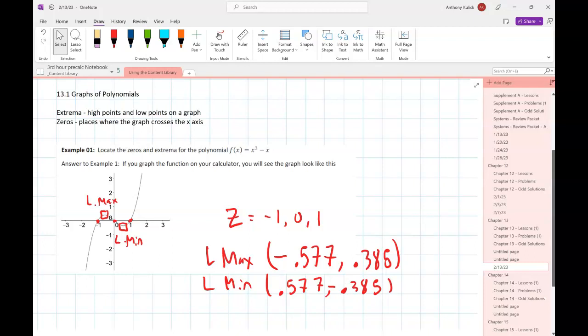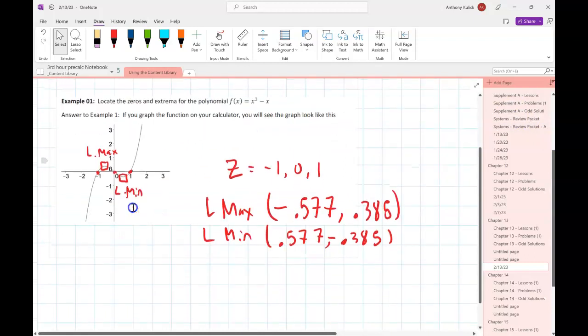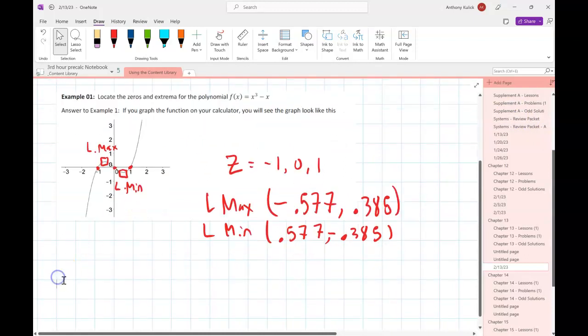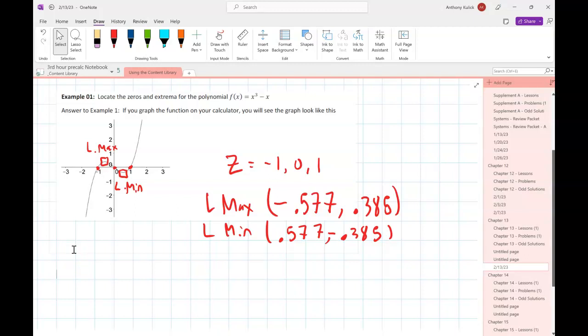Okay, so the next thing we're going to point out is that there's a relationship between the degree of our polynomial and the number of extrema that we'll see in the polynomial. What was the degree of this polynomial? 3. How many extrema did we have? 2.